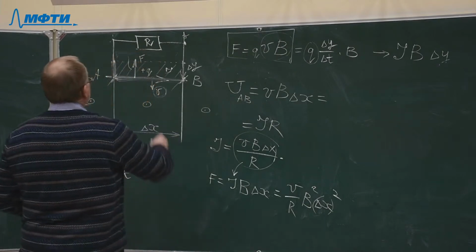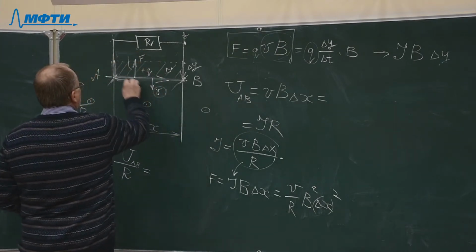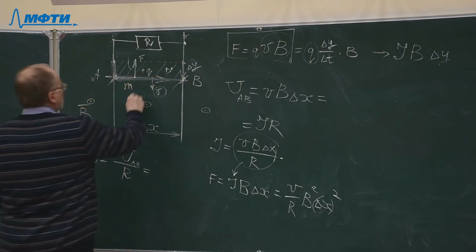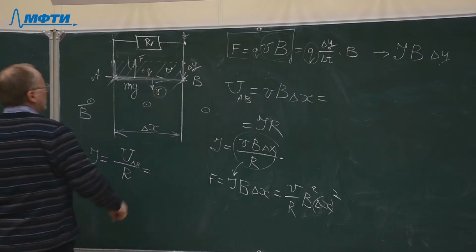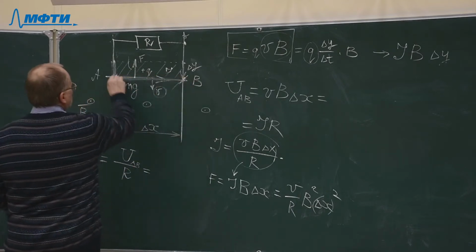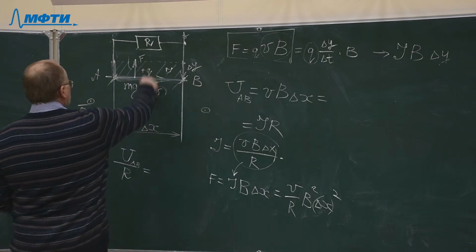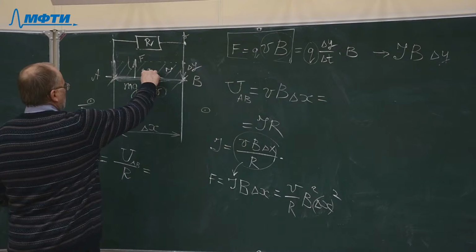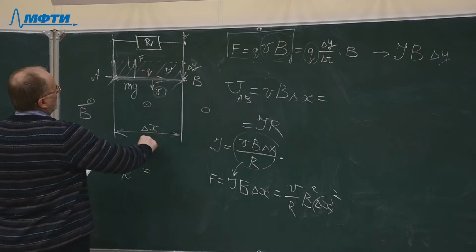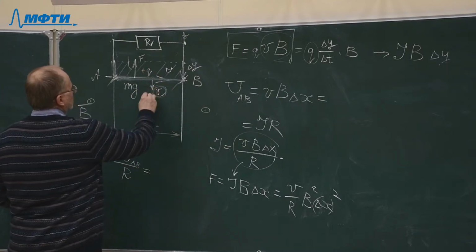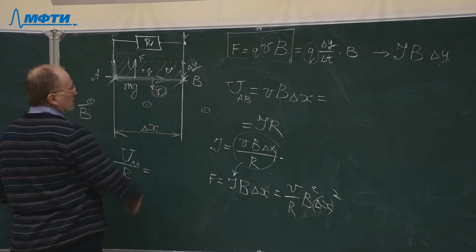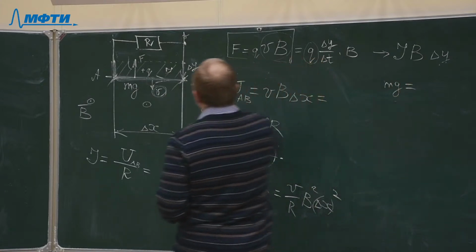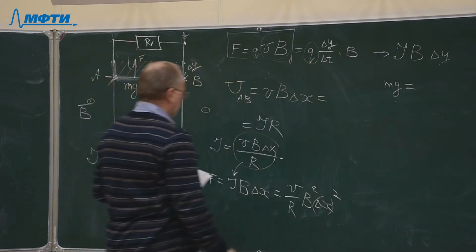And also we know that in this problem, the mass of this rod is given. So we know that the gravity force acting on this rod is mg. The mg force is acting downward, and the motion of this bar will be with constant velocity if there is no acceleration, and no acceleration will be in case the force mg equals the magnetic force applied upward.